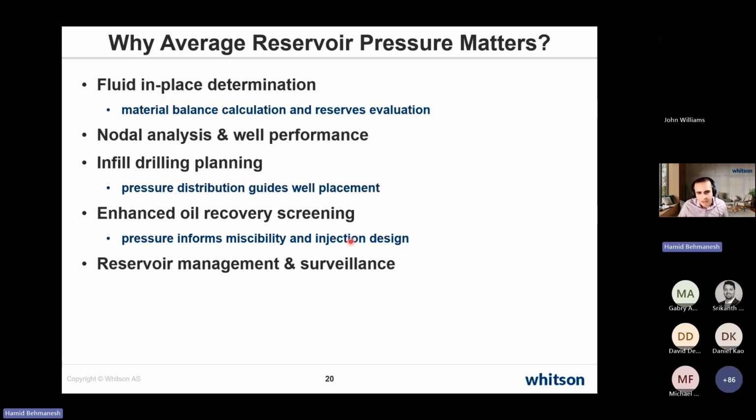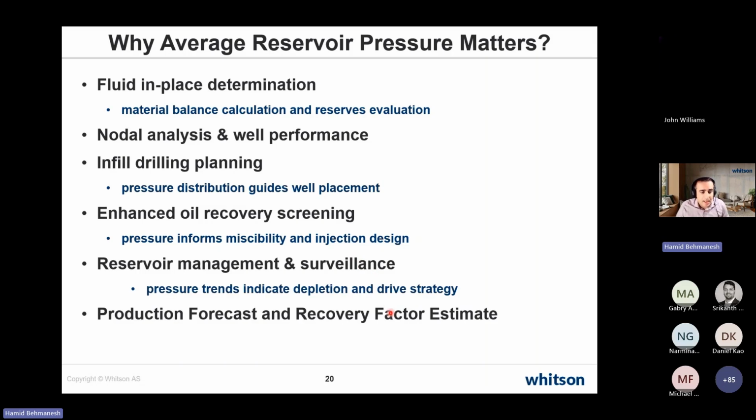It also matters for production forecasting, which is a role of reservoir engineers. We basically have two main roles in our career. One of them is to estimate fluid in place, where I started, and the other is to do production forecasting. So for production forecasting, it's also important to have the average reservoir pressure.